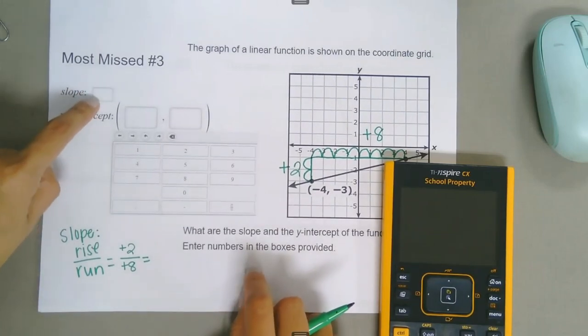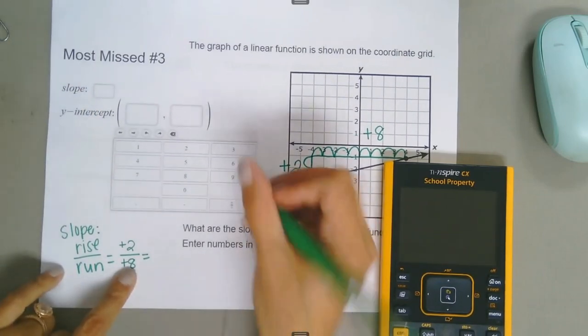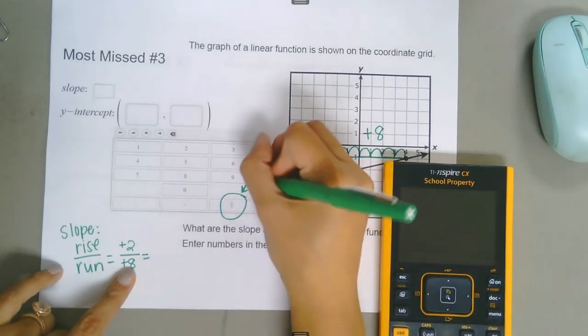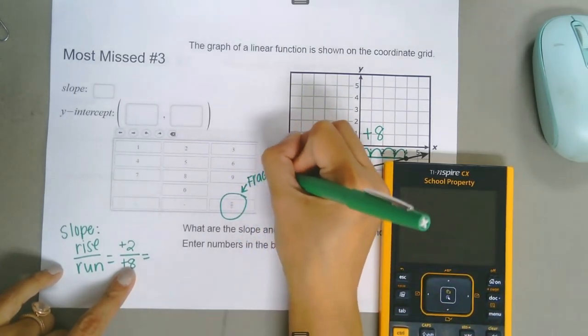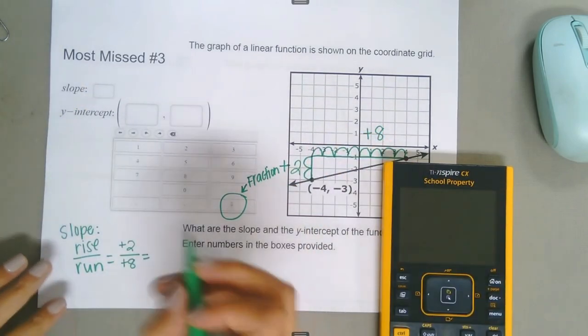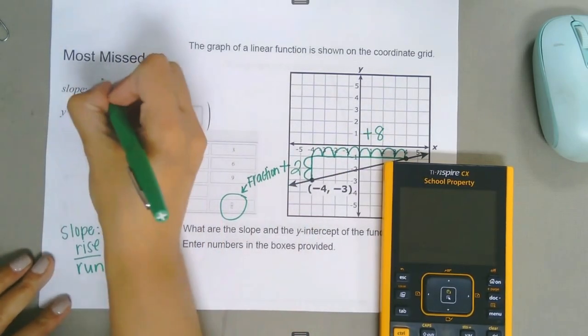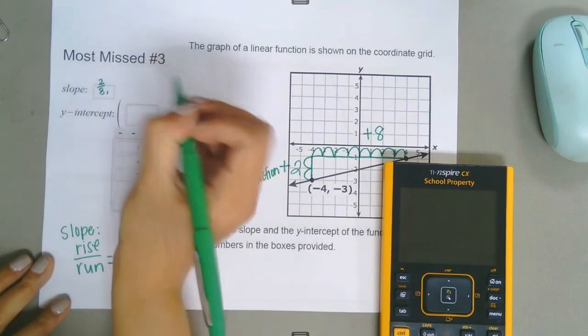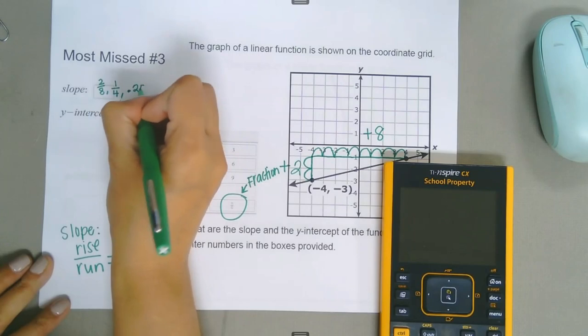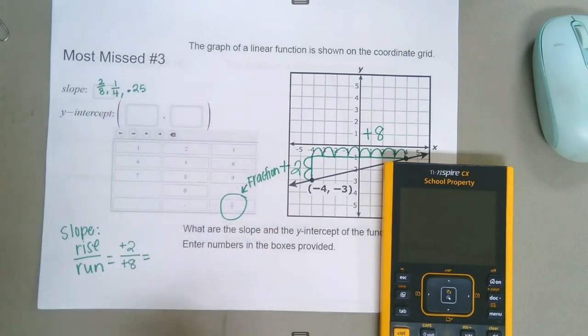Now for my slope, if I wanted to put that fraction in, this is my fraction button right here. I can click that button and the fraction sign will pop up there. So for the answer, we could have done 2 over 8, 1 over 4, or 0.25. Any one of those answers would have worked to give us our slope.